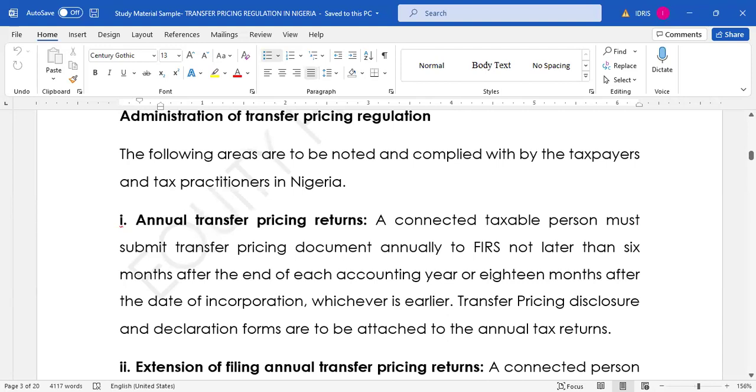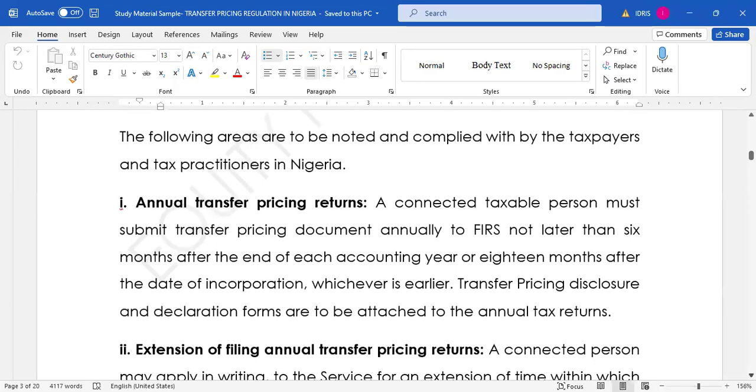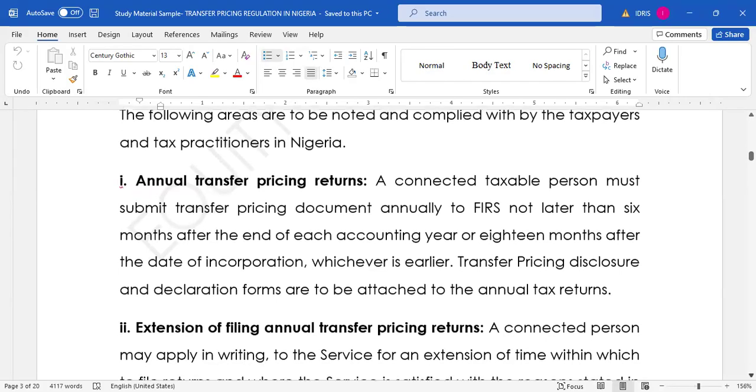Every year, any multinational company, meaning maybe they have a subsidiary in Nigeria and their parent company is in another country, or a company in Nigeria that has a group of companies under it, needs to file what is called a transfer pricing return. That transfer pricing return must be filed not later than 6 months after the end of the year.